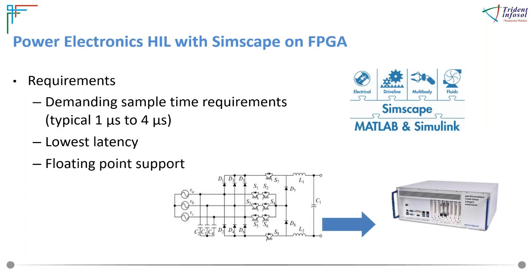In the next few slides, I want to show our solution for FPGAs. If we are dealing with power electronics applications, these applications demand a higher sampling frequency, or a very low sampling time, from microseconds to nanoseconds, and the latency should also be very low.